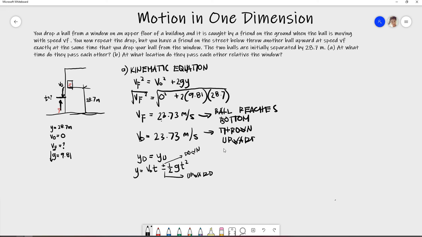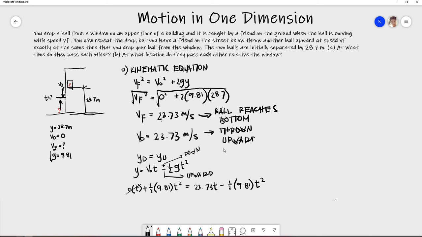Since we have the initial velocity for both objects, for y downward, which is positive, the initial velocity is 0 times the time, which we do not know, plus 1/2 times 9.81 times t squared. We equate that to the ball traveling upward with the initial velocity 23.73 t minus 1/2 times 9.81 times t squared.